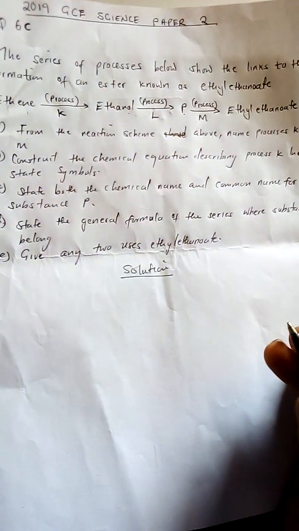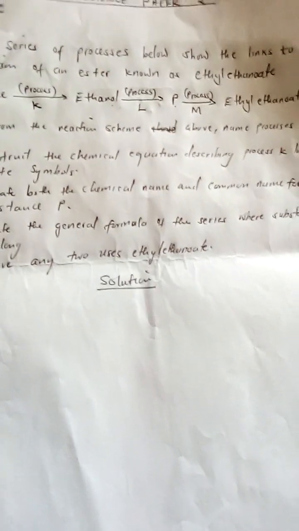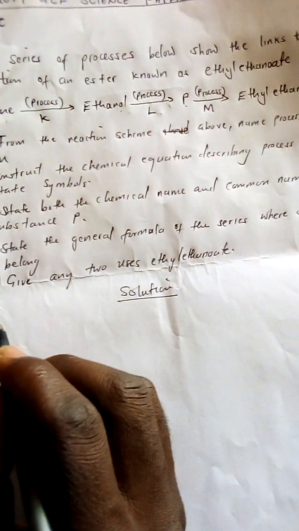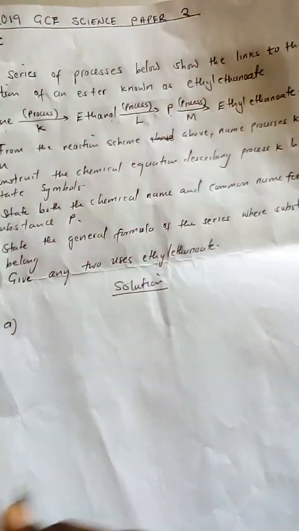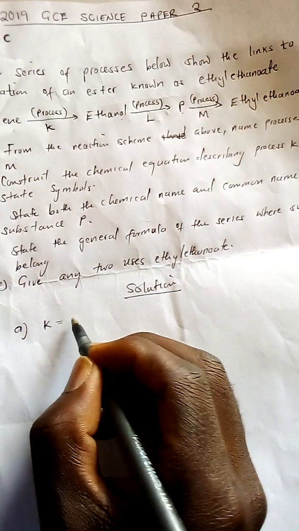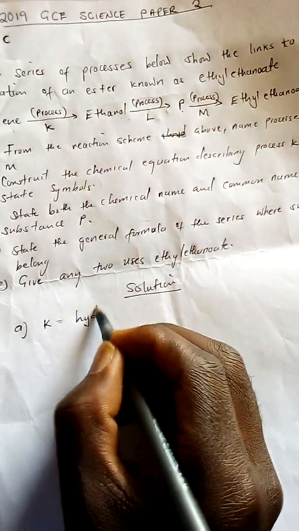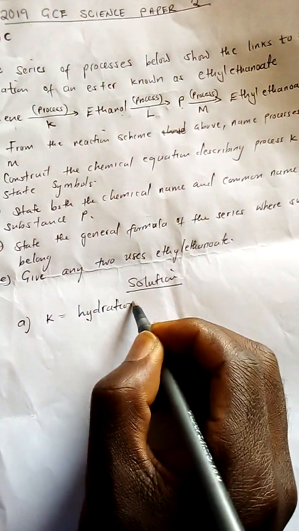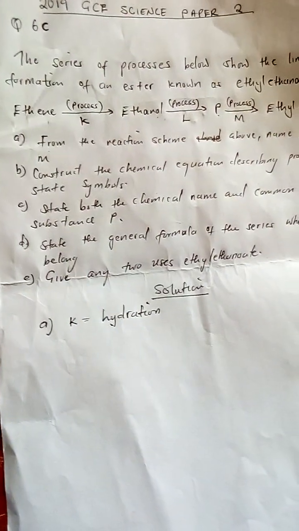From ethene to ethanol there's a process which takes place, and this process is called hydration. So for question A, letter K is hydration.